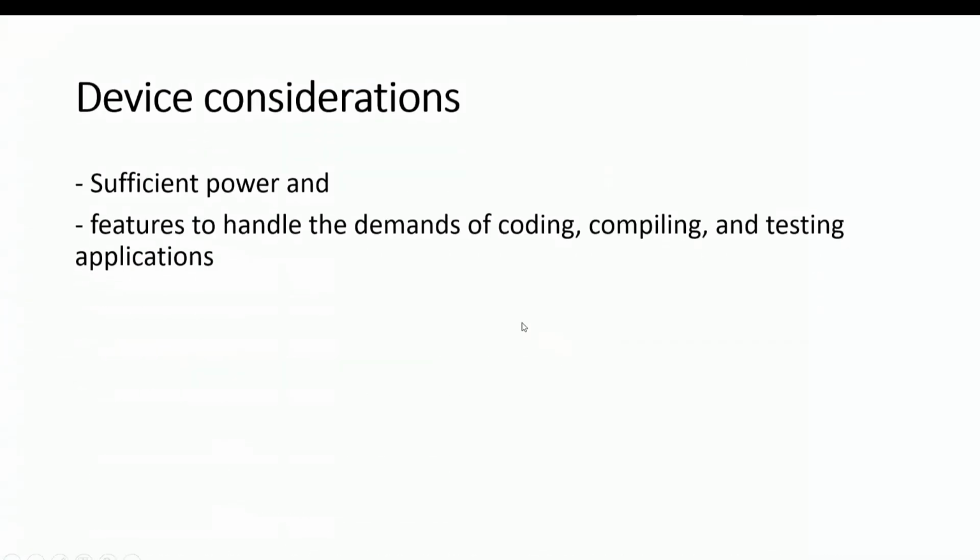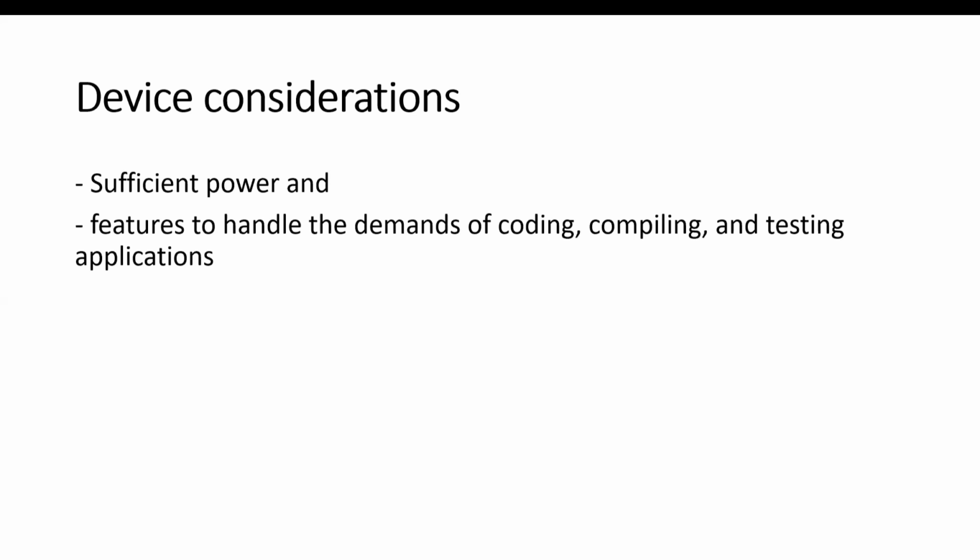Just before I go into that, this will be useful for those who are just starting their career journey in web development, and you don't know what system specification is okay for programming. So I will quickly give you my own personal recommendation, based on the experience I've had over the years.